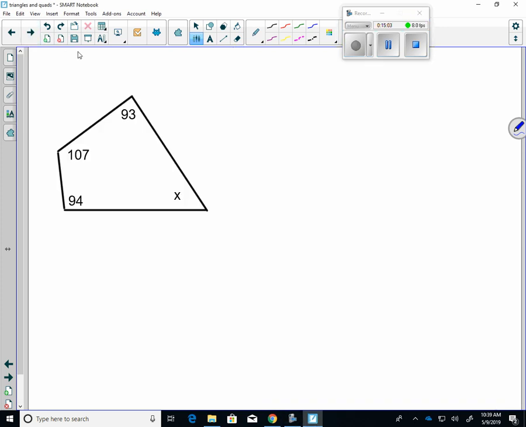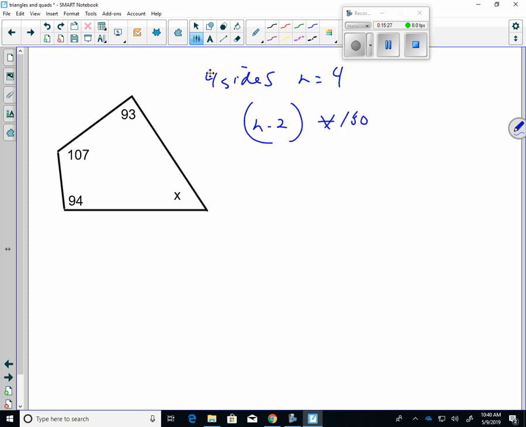Okay, so for example, do you guys have this picture? Yeah. Okay, so this is how many sides? 1, 2, 3, 4 sides, right? So my n is 4. So the rule is (n minus 2) times 180.